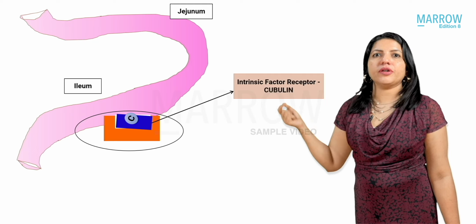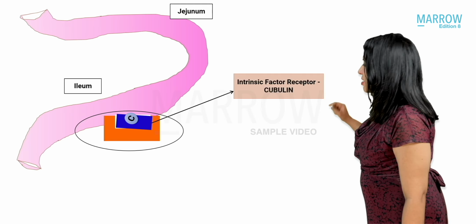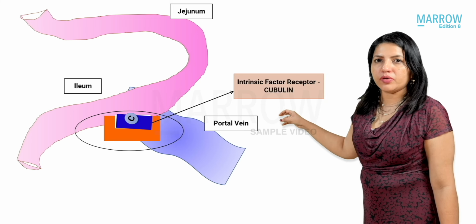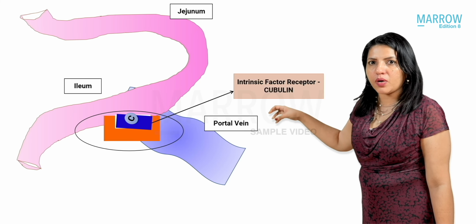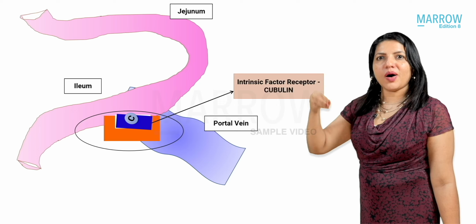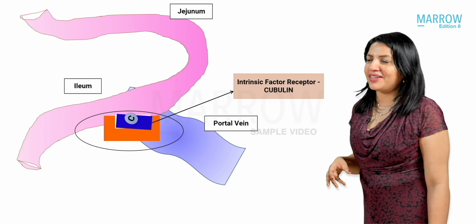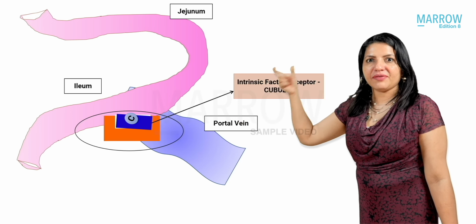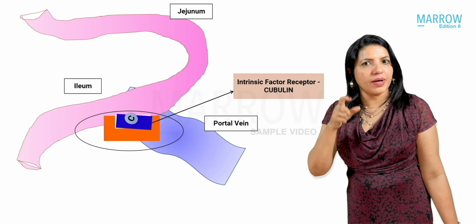This receptor is called cubilin. So we have a receptor there which is cubilin, and we have an intrinsic factor bound B12.